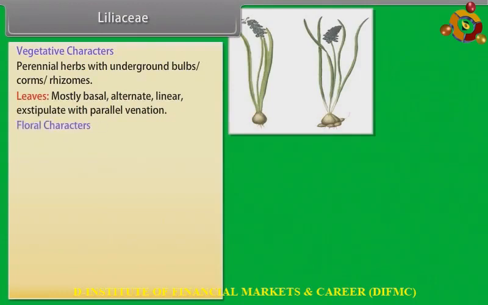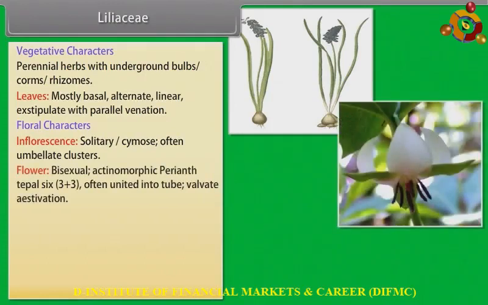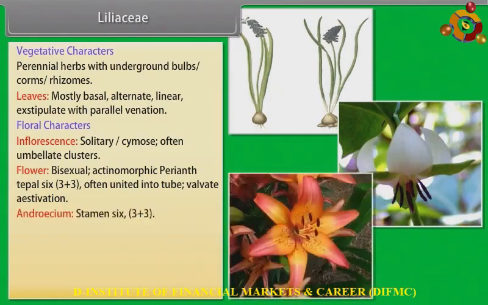Floral characters: inflorescence solitary, cymose, often umbellate clusters. Flower bisexual, actinomorphic. Perianth tepals 6, 3+3, often united into a tube, valvate aestivation. Androecium, stamens 6, 3+3.